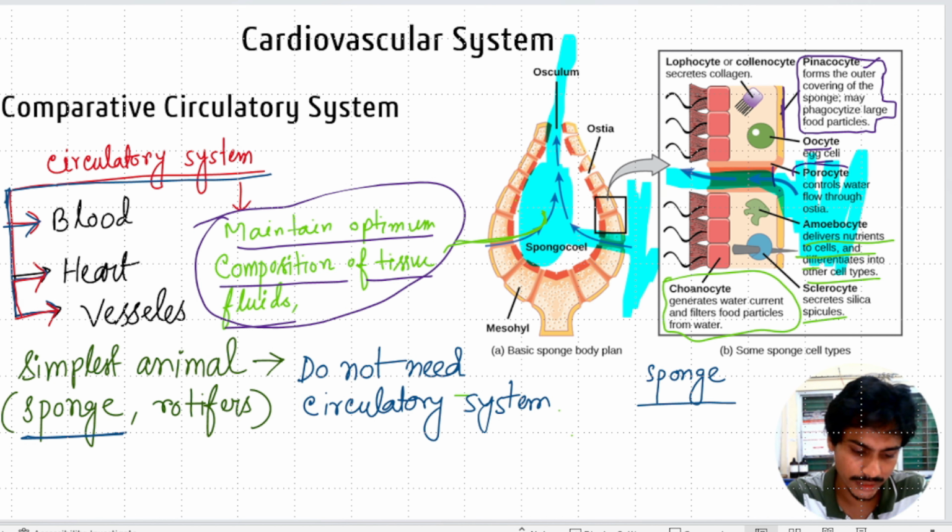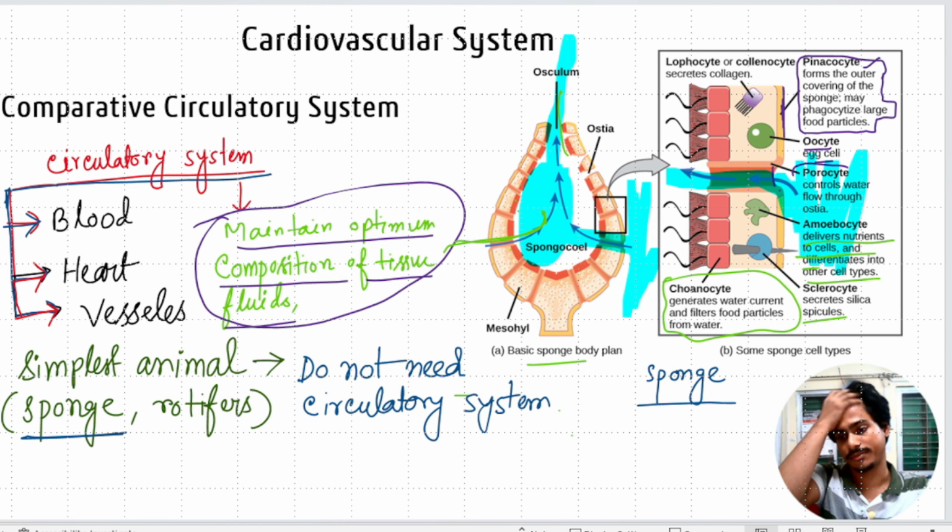They phagocytize and pinocytize, and then it comes in. That is the basic sponge body, because they don't need a circulatory system. They can directly absorb and diffuse the materials from the external environment.